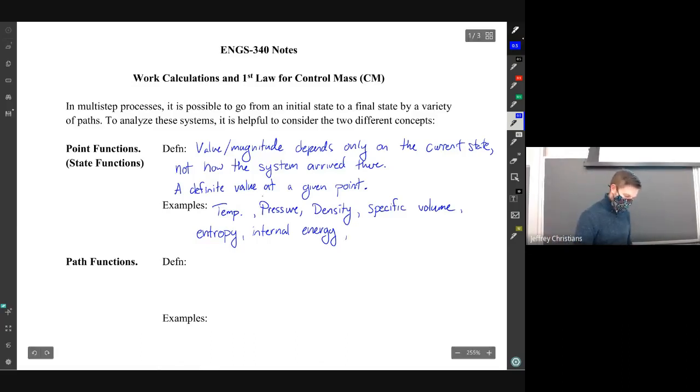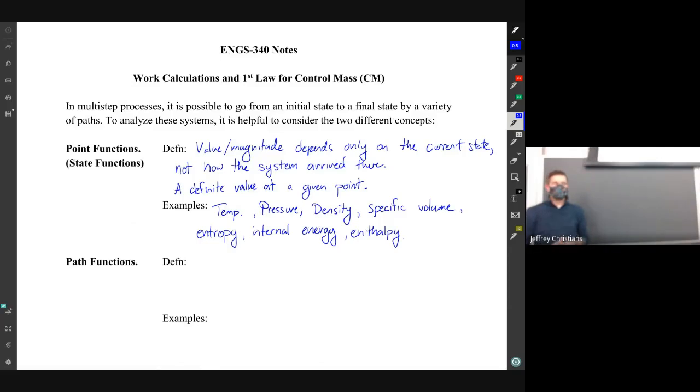Internal energy, enthalpy. There are a lot of others as well, but these are the ones that we've run into in this class, and these are the kinds of things that we've looked up in tables. Maybe that helps you remember what kinds of things we looked up in tables. Those are point functions. A point function means we have a point, we called it point 1, and we could write everything down for it.